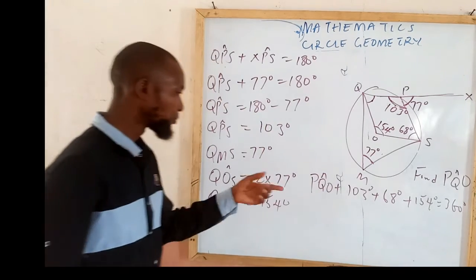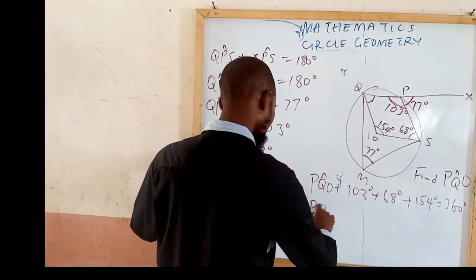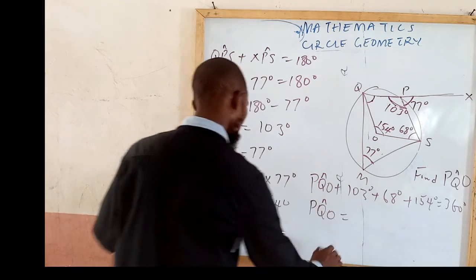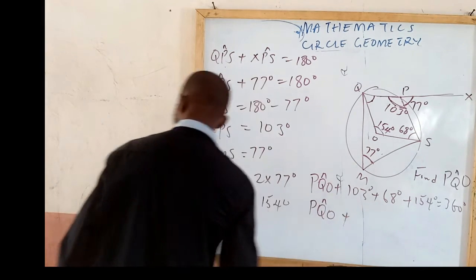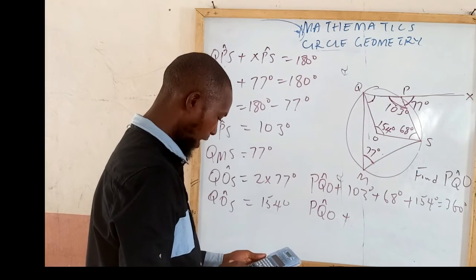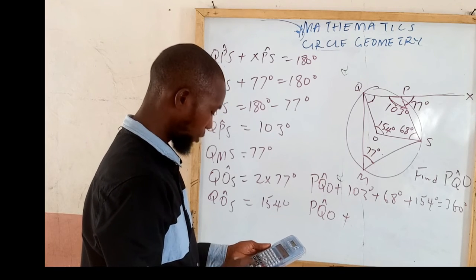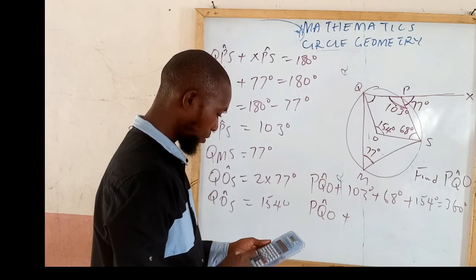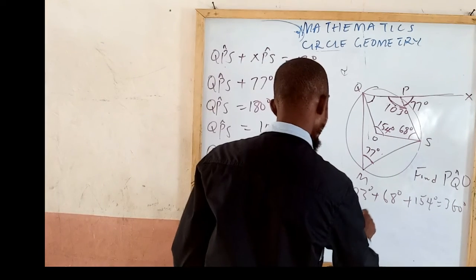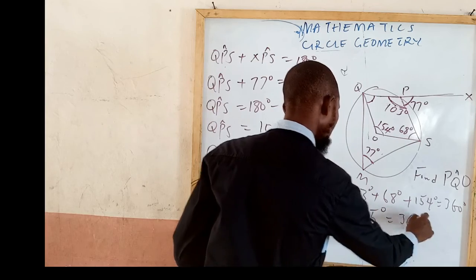That's the sum of angles in the quadrilateral. So for me to add everything I have here, I have 103 plus 68 plus 154. That gives 325 degrees.